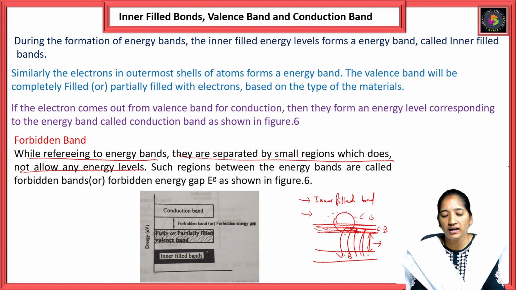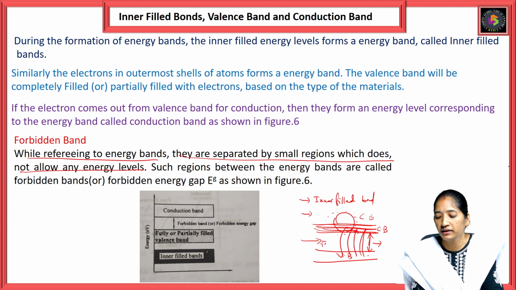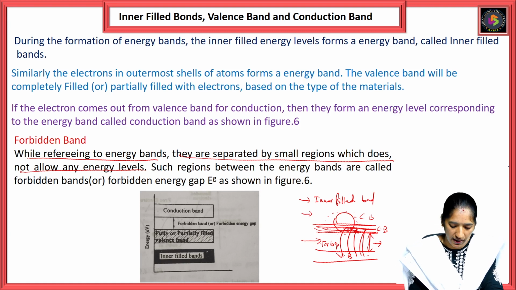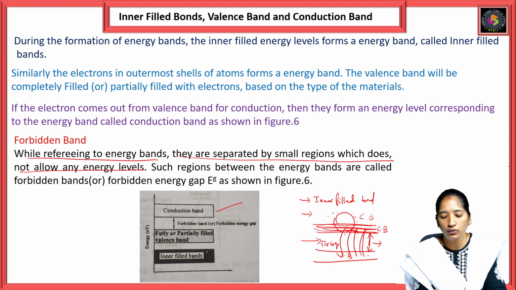What they are trying to say is this: the conduction band and the valency band are the energy bands. In between the energy bands, some not allowed energy levels are there. That not allowed energy level is called the forbidden band gap. The forbidden band gap is located in between the conduction band and the valency band. The conduction band is the upper band and the lower band is the valency band.